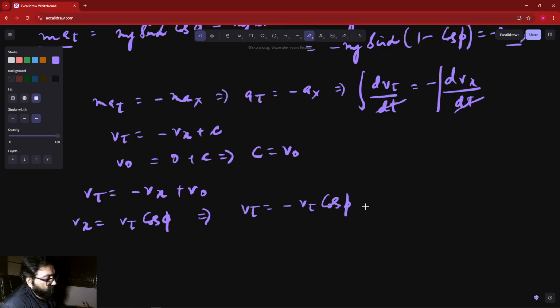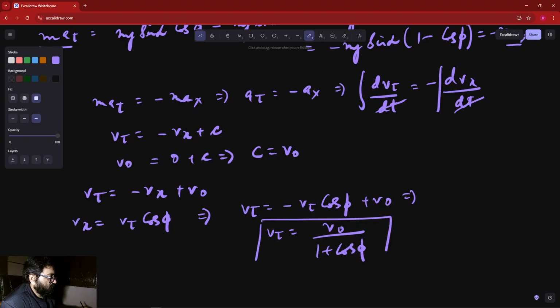I'm just writing Vx as Vt cos of phi, okay, plus V0. This gives me Vt as V0 by 1 plus cos of phi. This is what my Vt is going to be, and this is what the velocity of the disk is going to be as my angle phi changes.